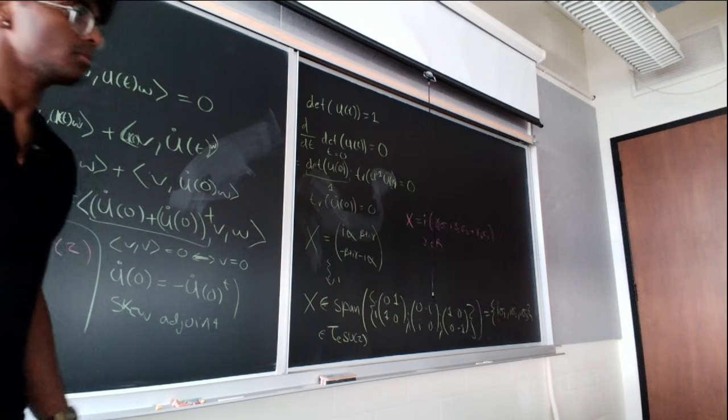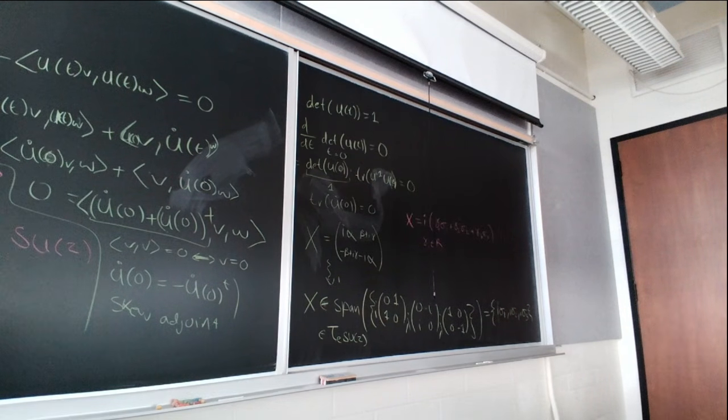Why did he factor out the I from everything? Why is this significant? Any suggestions?